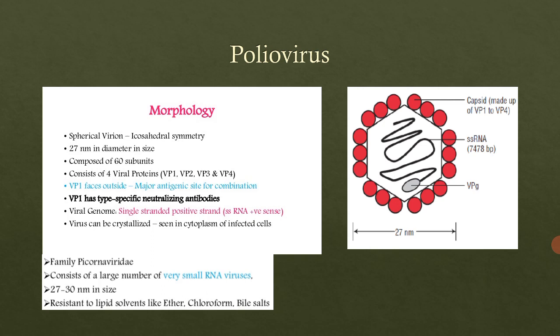Now this virus is a spherical virion and it has icosahedral symmetry, meaning the 6 sides. That is what we call icosahedral. You can see in this structure there are 6 sides, and therefore it is called icosahedral symmetry.